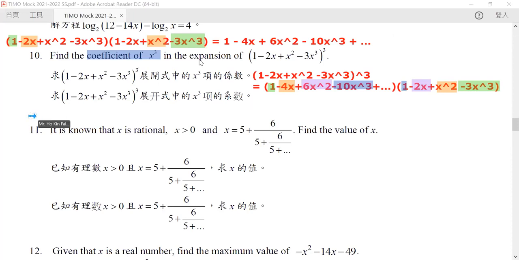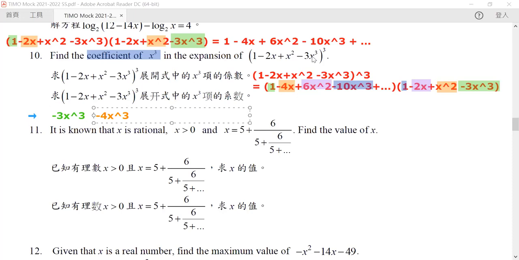So for our green one, the coefficient will be equal to -3x cubed. Now, in case you don't recognize, you don't even need to write the x squared, x cubed out, because intuitively this must be x cubed, right? And the next one, our orange term, is equal to -4x cubed, right?